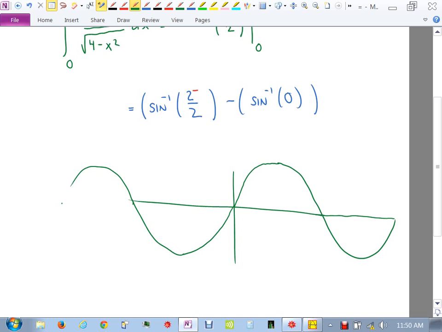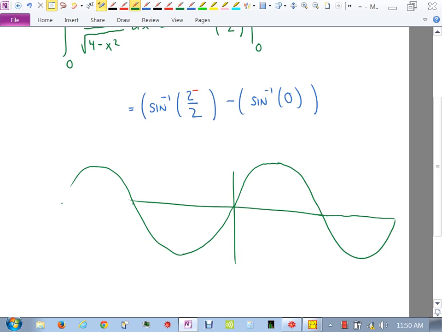In order for a function to be a function, it has to pass the vertical line test, right? In order for it to have an inverse, it must pass the horizontal line test. This function sine as it sits is a function, but does not have an inverse.